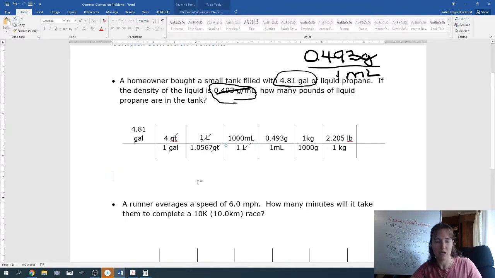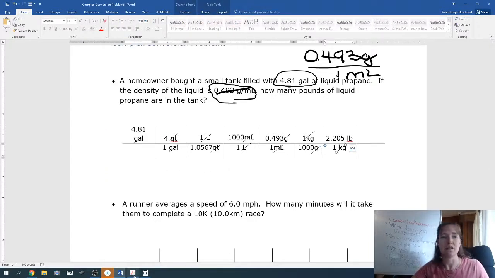We have milliliters on top and bottom, so it will cancel. And we have grams on top and bottom, so it cancels out. And kilograms on top and bottom, so it cancels. And unit-wise, we only have pounds left.